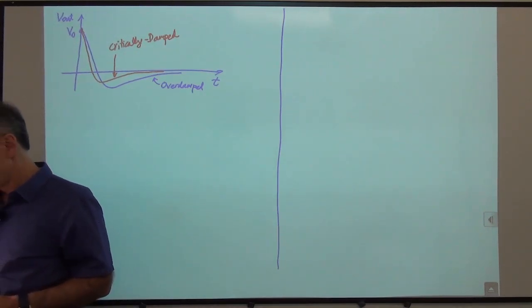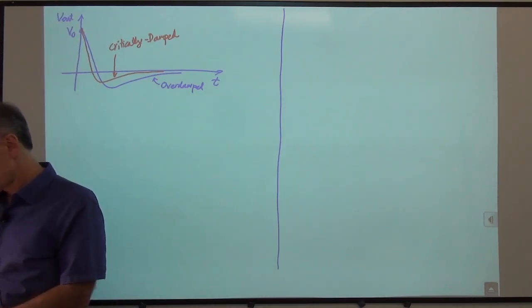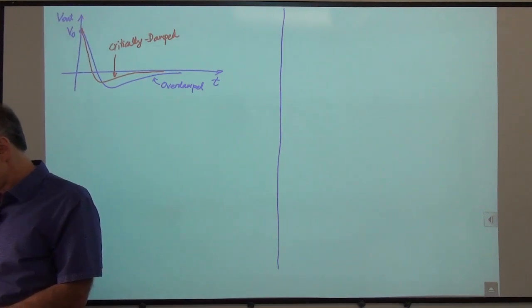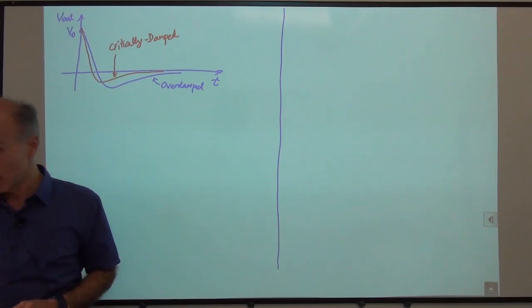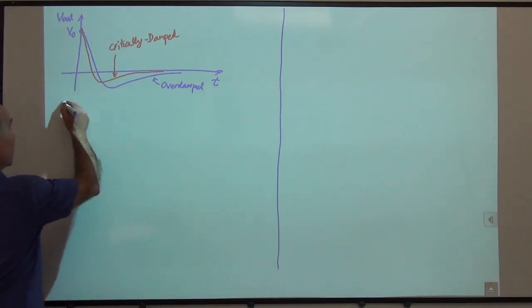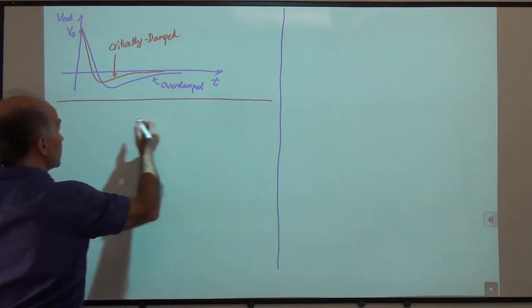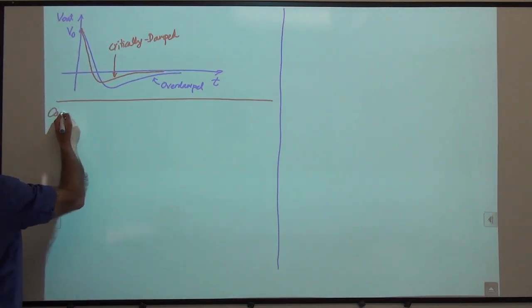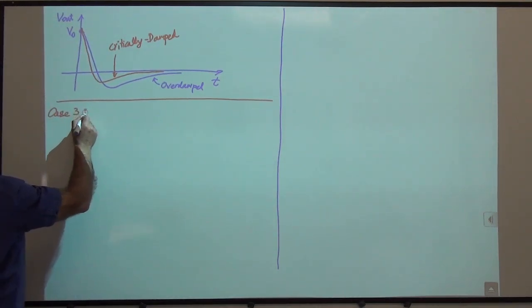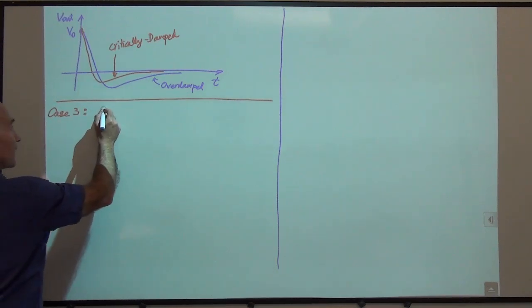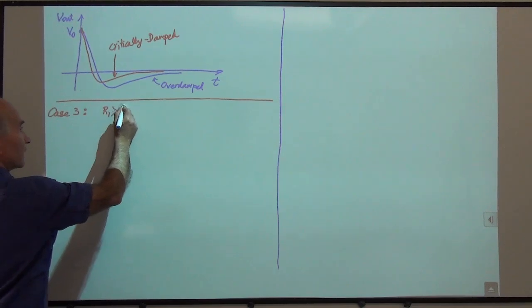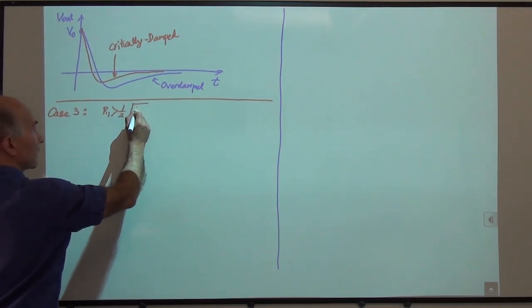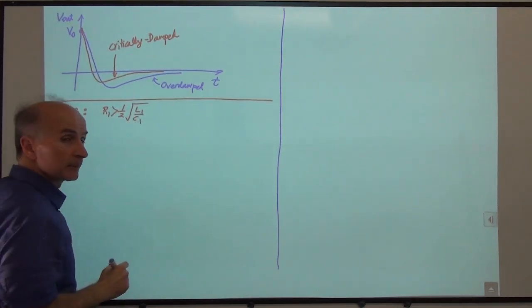Okay, let's see. Let's go to case number 3 and see what we would expect in that situation. So in this case, we have R1 is greater than 1/2 of root of L1 over C1.